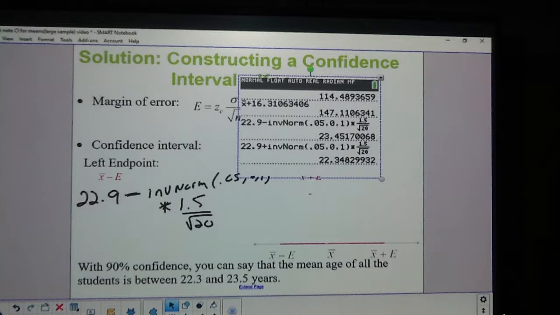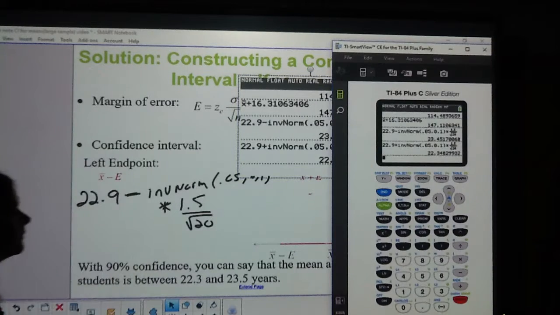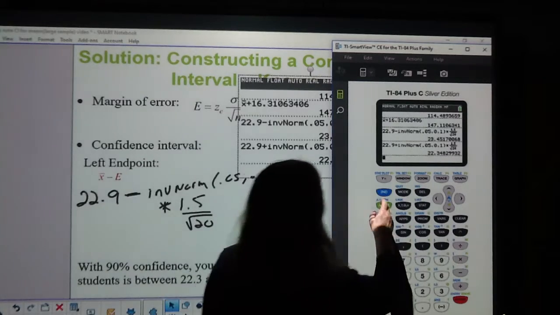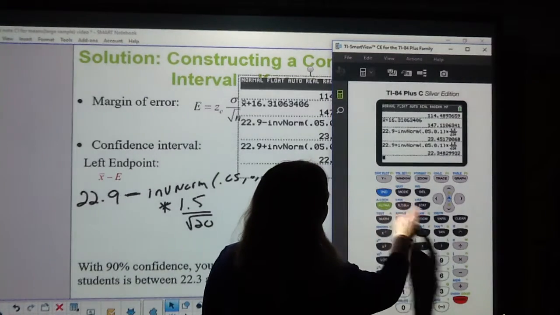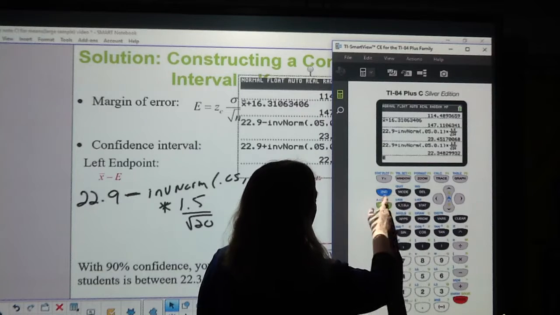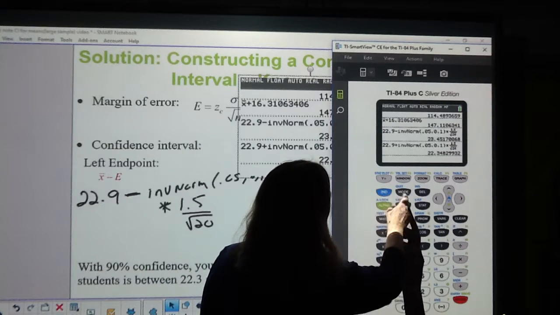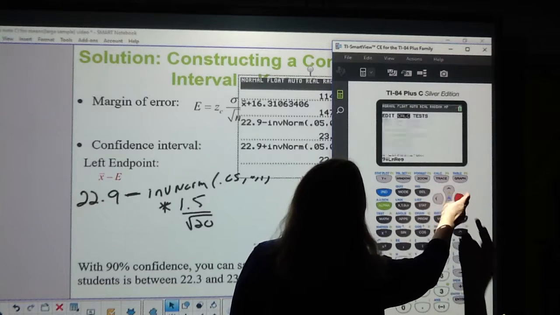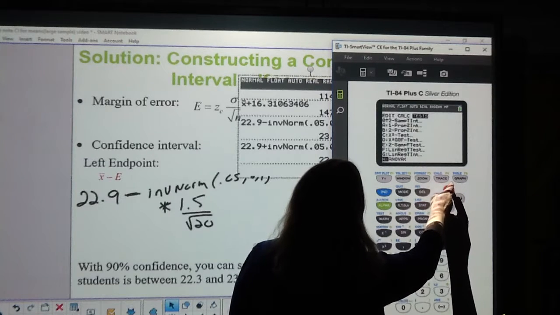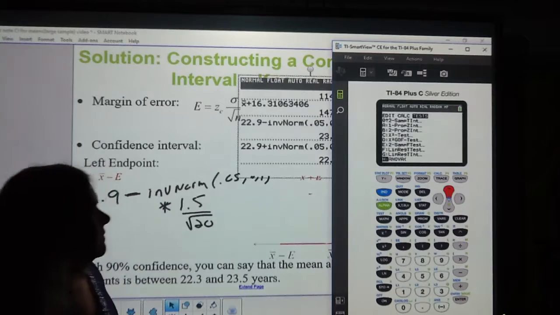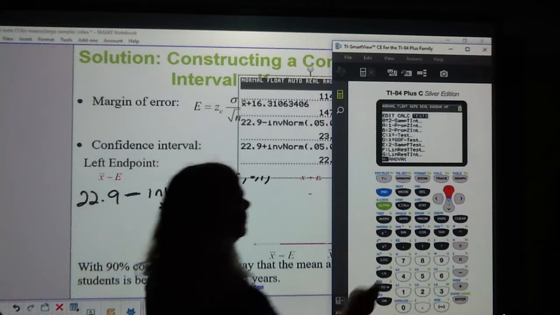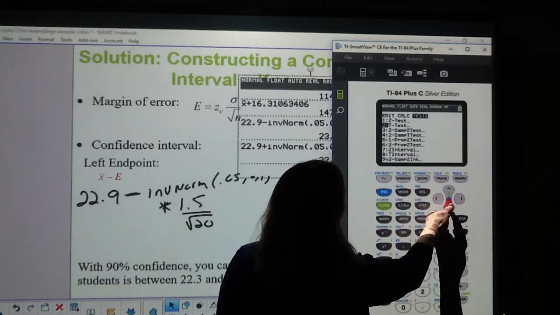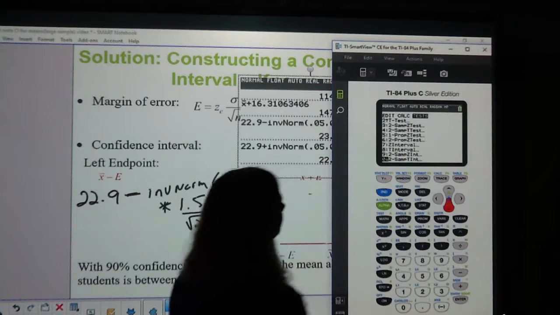Let me show you another way to do this. In your calculator, remember that under distribution you have distributions, but there's also stats. There's a bunch of tests under calculate. There's lots of tests. And notice there's intervals.